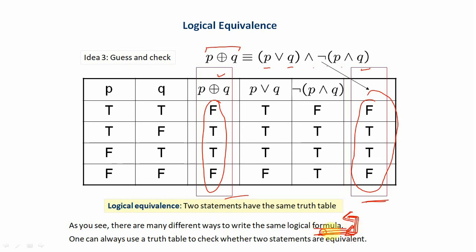This becomes very important when we try to negate these statements. Negating a statement which involves implications, XOR or biconditionals directly becomes difficult. So we can write these statements in equivalent forms where the negation becomes comparatively easier.